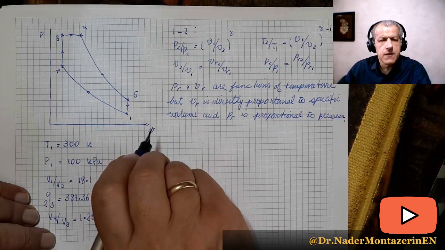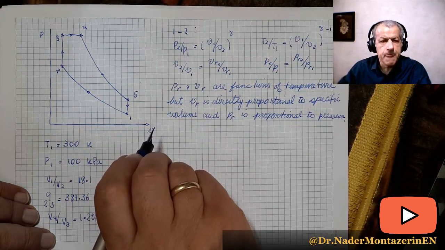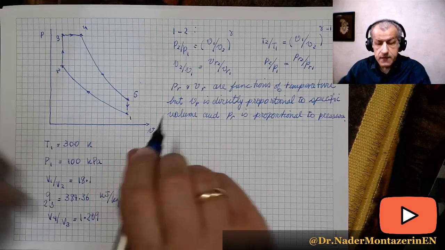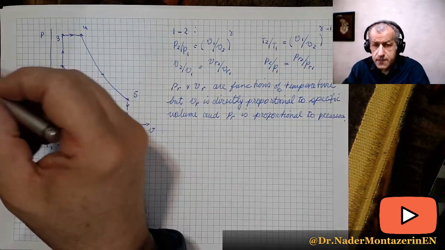These are the two properties that are listed in tables.